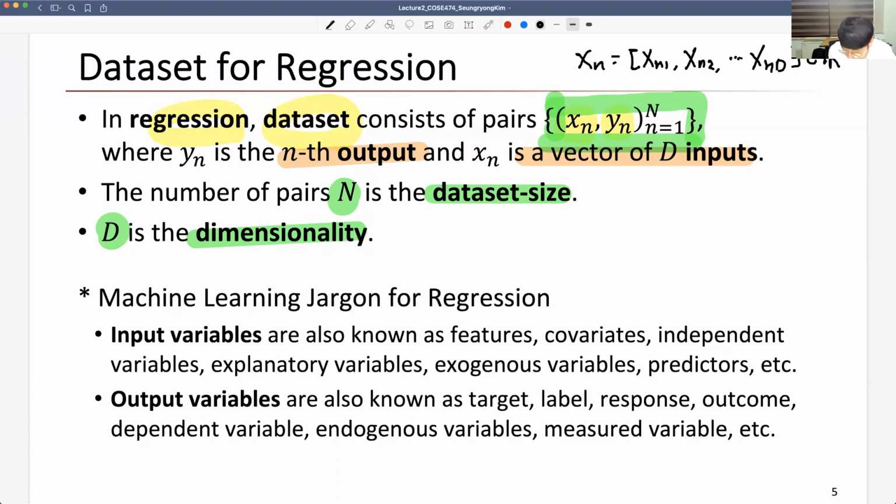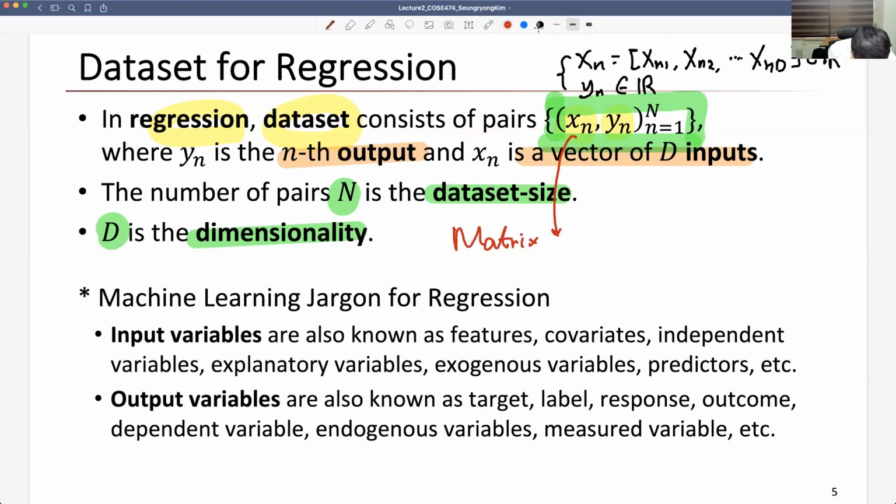So it means that x_n is in d-dimensional space, and y_n is in the scalar space. Okay. So if we have the training data set consisting of x_n and y_n, we can represent these kinds of things in matrix form.